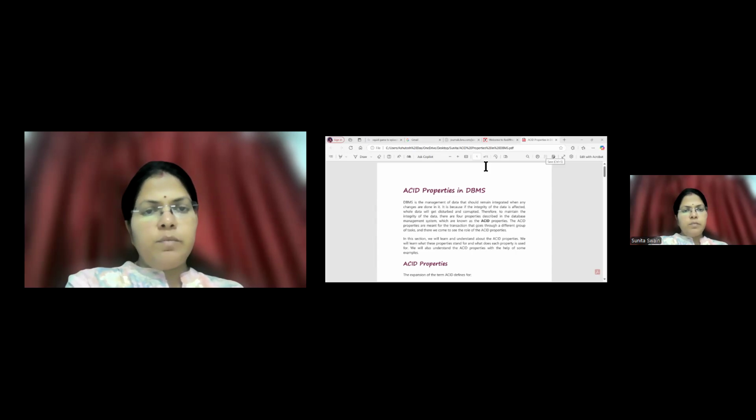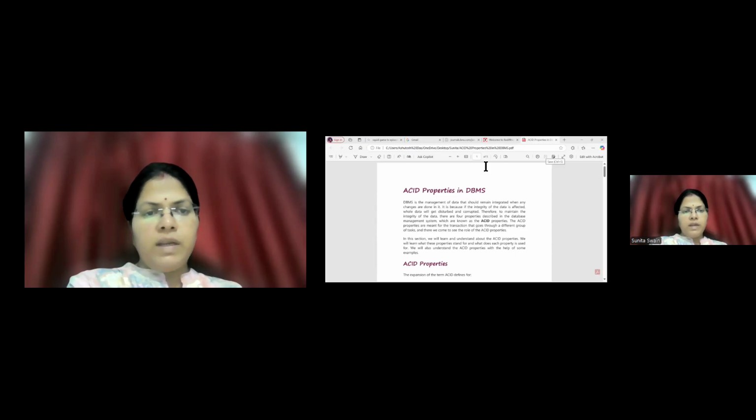DBMS is the management of data that should remain integrated when any changes are done in it. Otherwise, the integrity of the data is affected, and the whole data will get disturbed and corrupted.